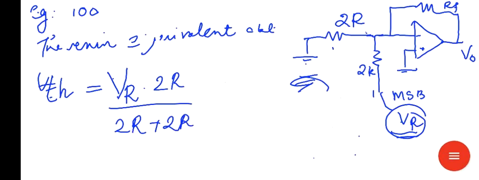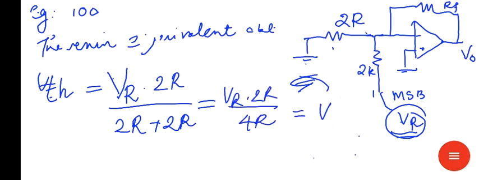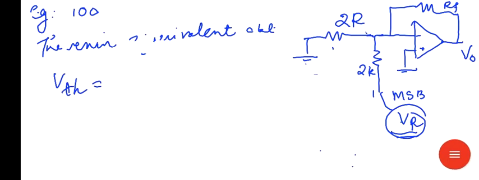This is VTH, that is equal to VR into 2R divided by 4R, that is equal to VR by 2. This is the Thevenin equivalent voltage, VR by 2.